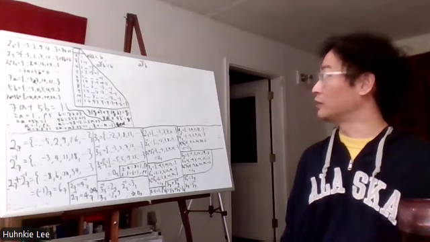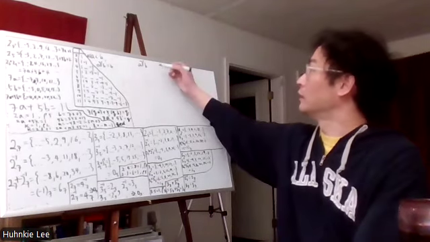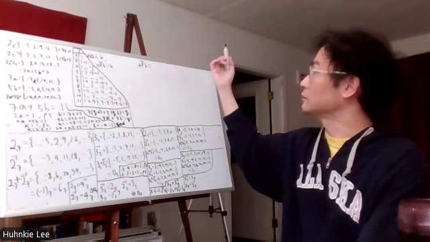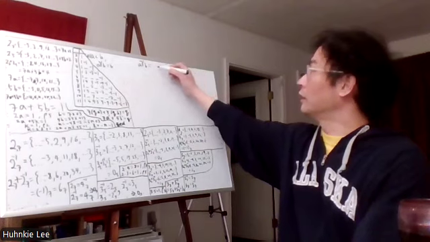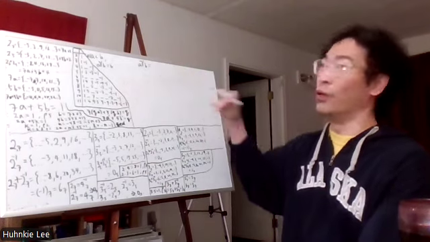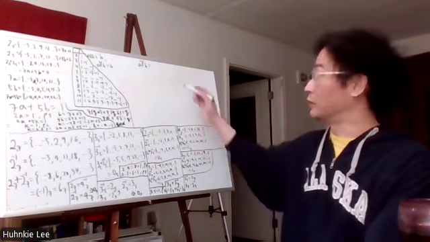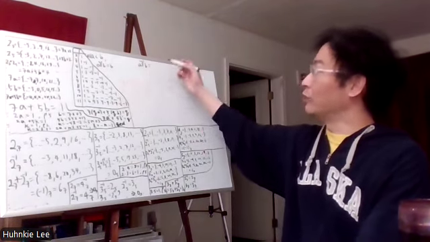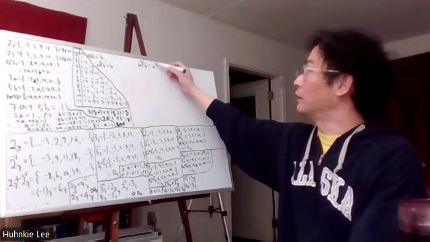Now, recursive formula. This is equal to... the original Euclidean algorithm is like this. B is bigger than A, so we are going to make numbers smaller.